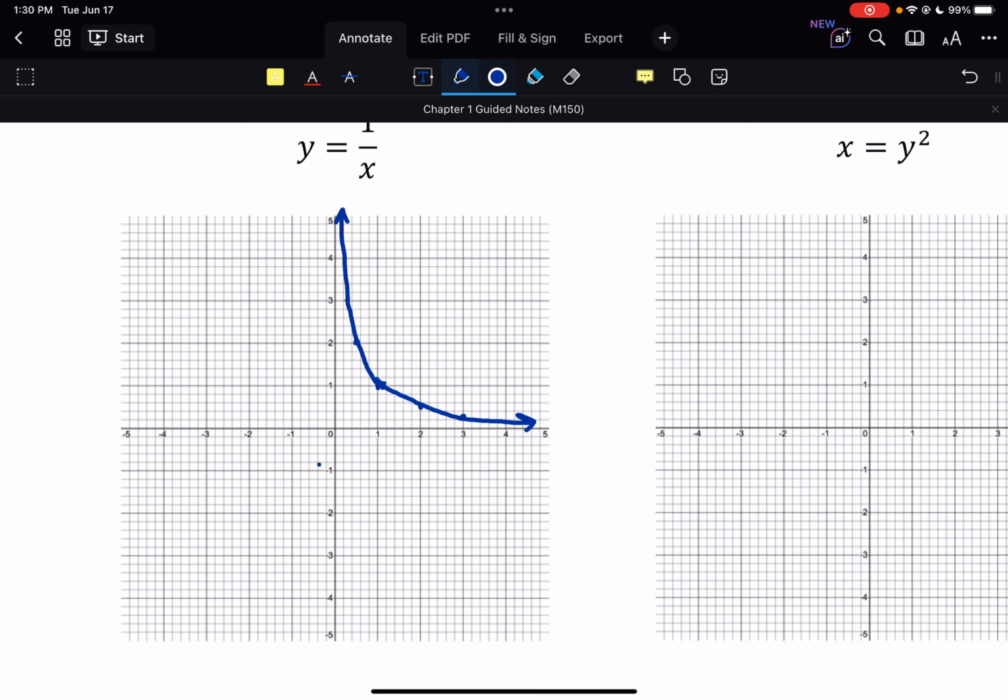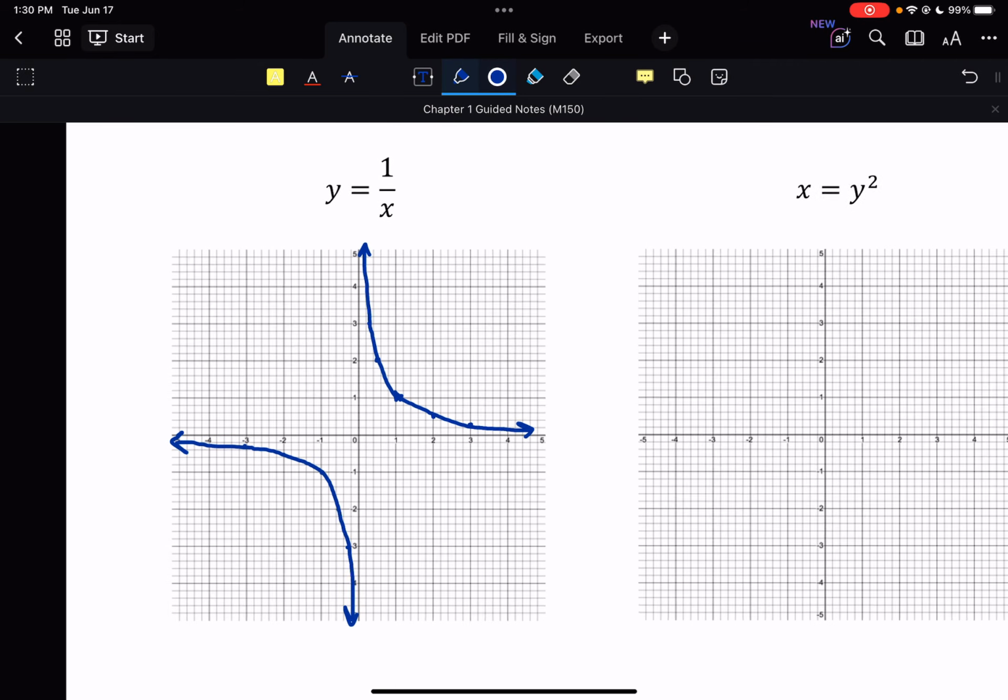And it also has a negative branch. It's going to be down here. So this is roughly what that graph looks like.